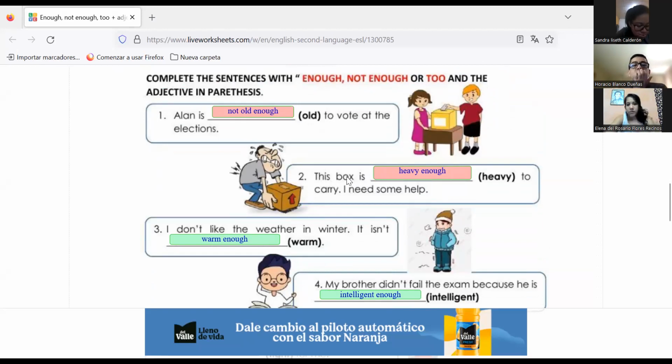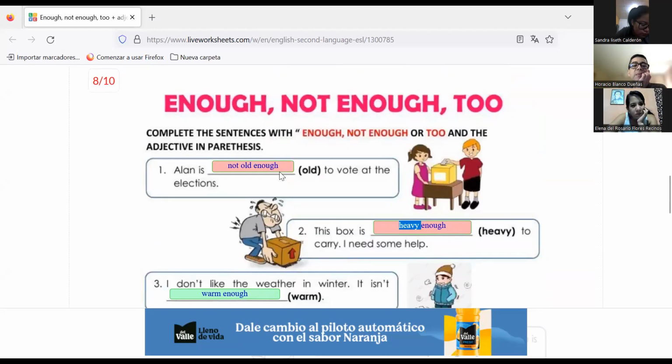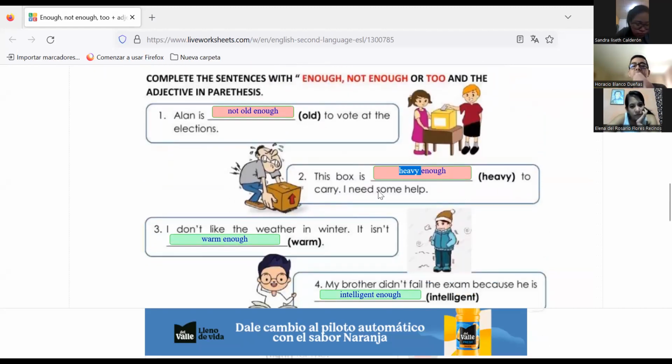Sí. La segunda sí es too heavy. Too heavy. Ajá, eso sí es too heavy, pero la primera no sé. Alan es que no sé yo. Alan no. Es que es too not hot enough.